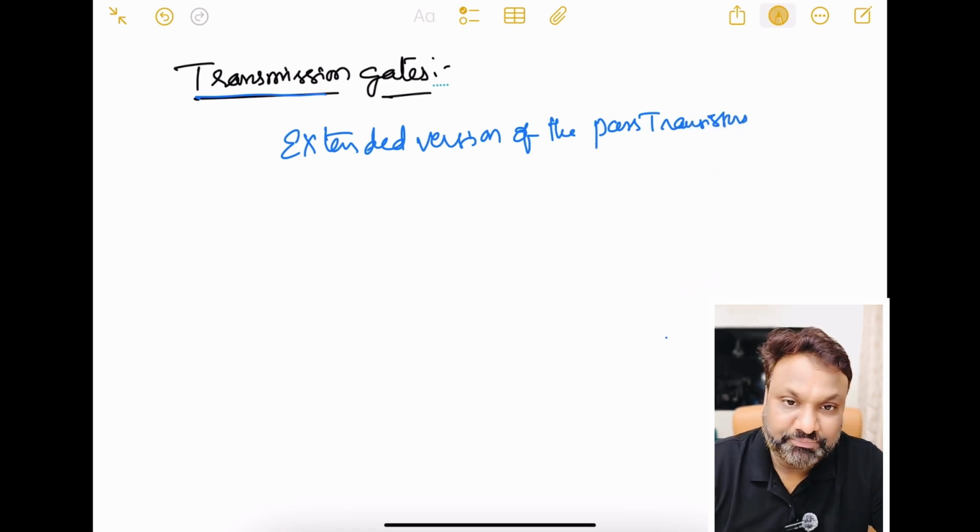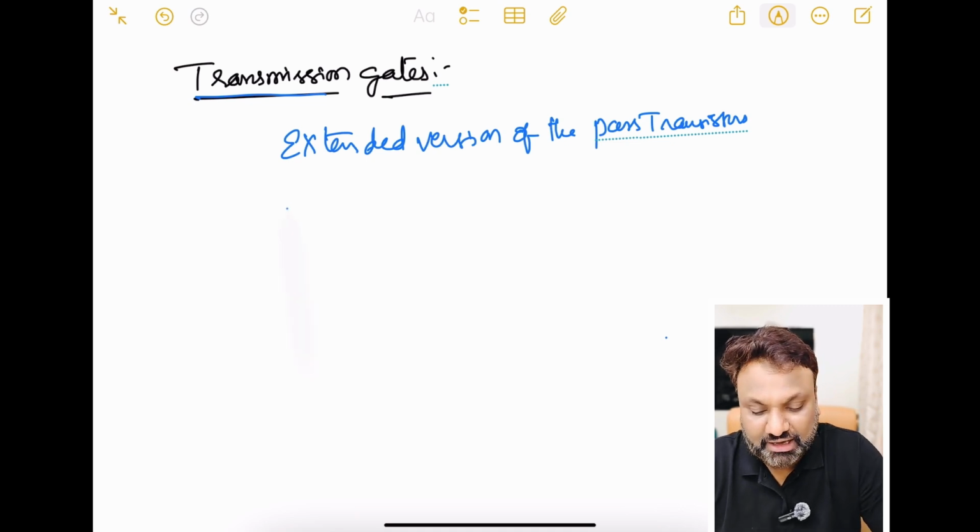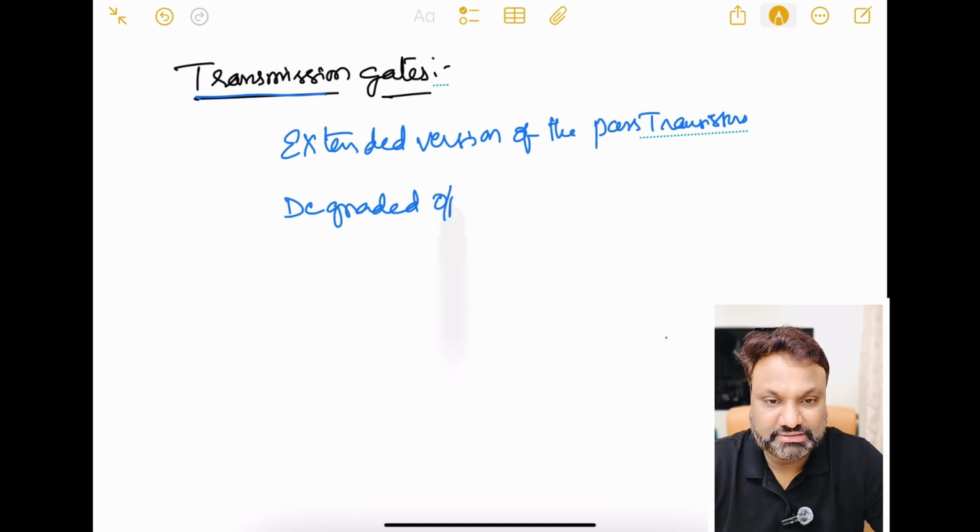In the last lecture we have seen the implementation of the multiplexer by using pass transistors. We have also observed a limitation of the pass transistors. What was the limitation? I will be getting a degraded output with the pass transistors. What is meant by degraded output?